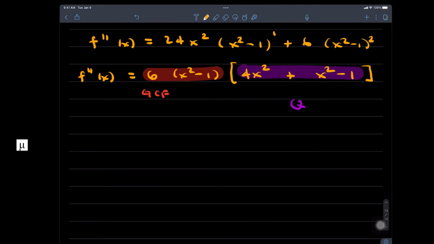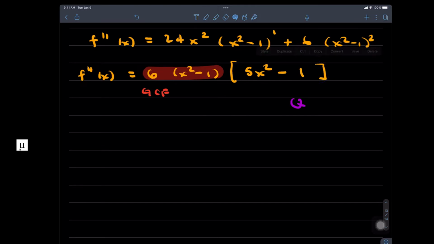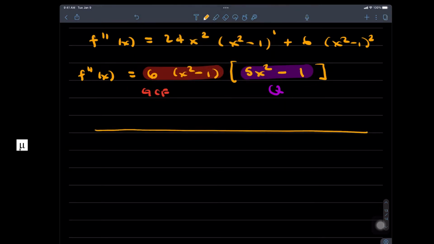So what do you do with this again? Sign analysis, set that equal to 0. First of all, let me remind you guys, doesn't this become 5x squared minus 1? Set that equal to 0, the product here.